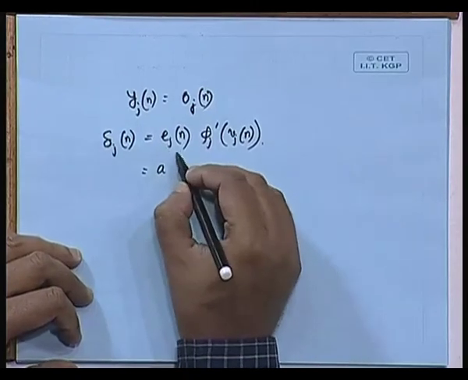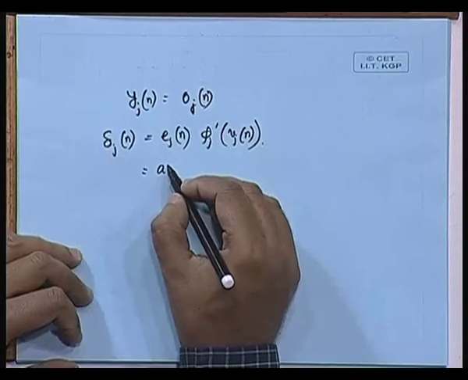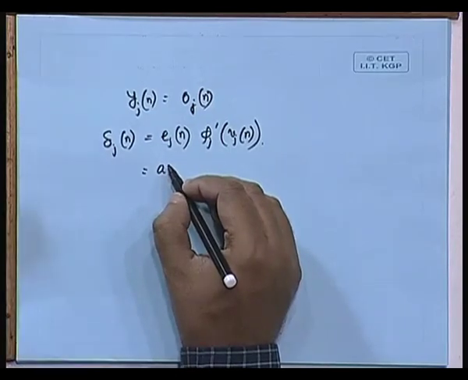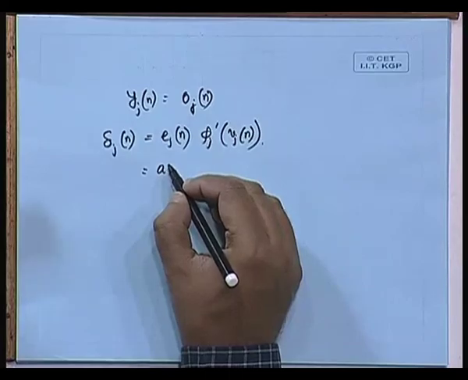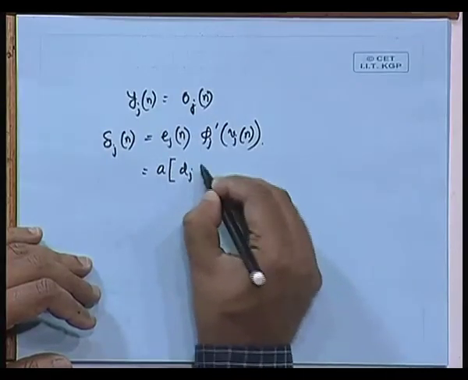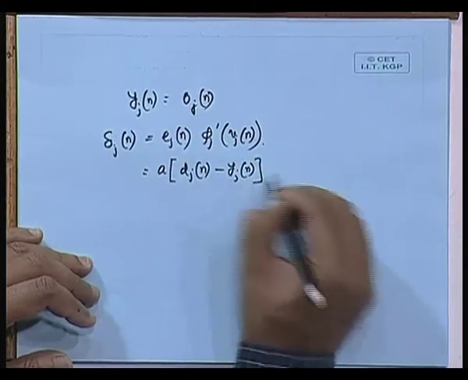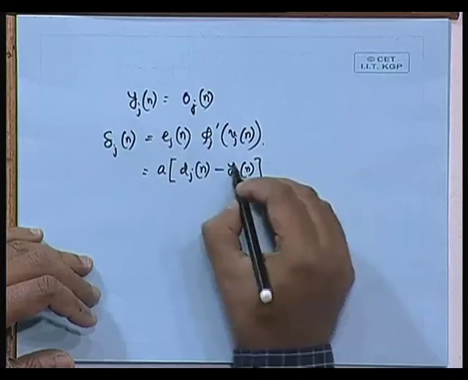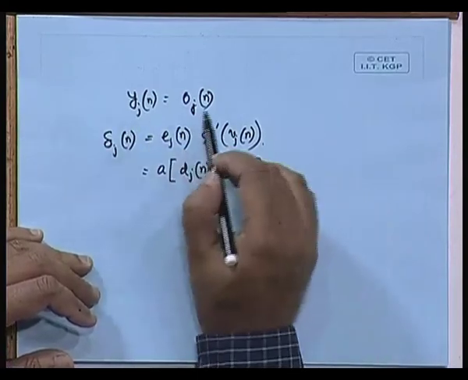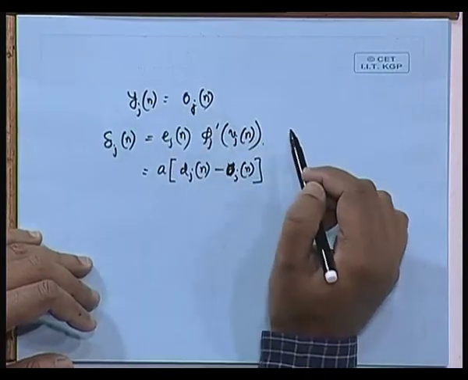First of all, that Ej n could be expressed as simply dj n minus yj n. So, it is dj n minus yj n that is going to be Ej n, because we are considering yj n to be the output only, which is oj n.